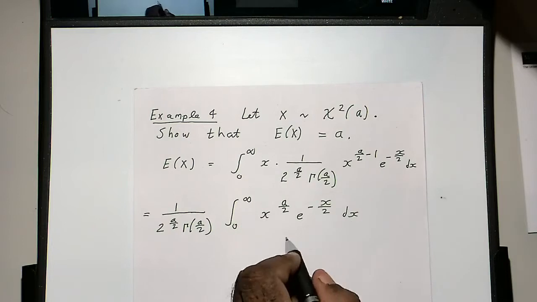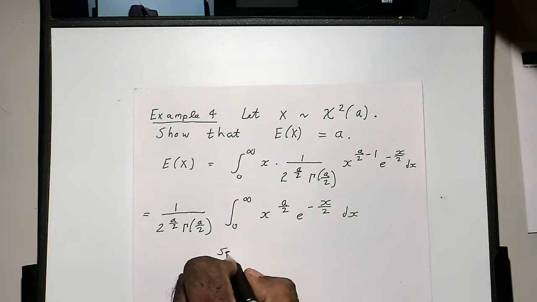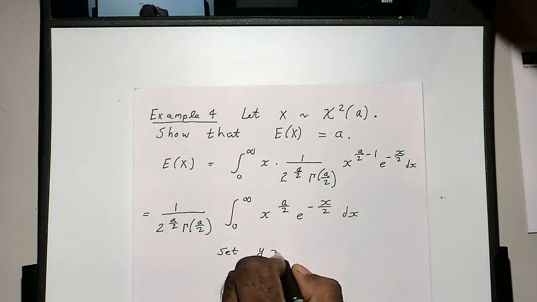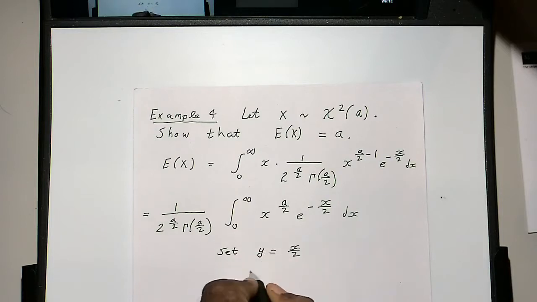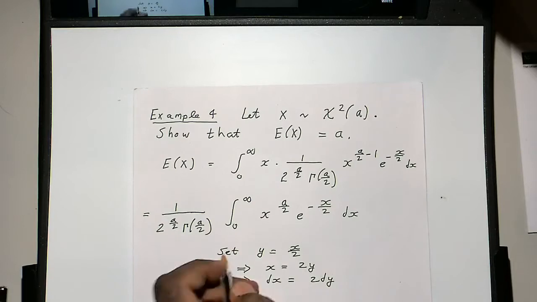Right, now to work out this integral, there are various ways you can do it. One way is to make a substitution. So this implies that x is 2y, so dx is equal to 2 times dy. Let's put this in a box.